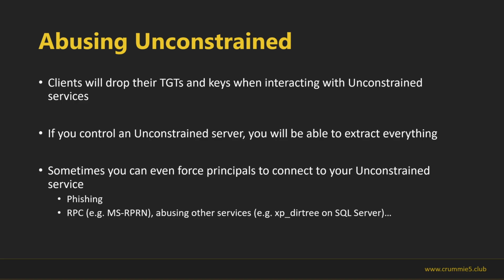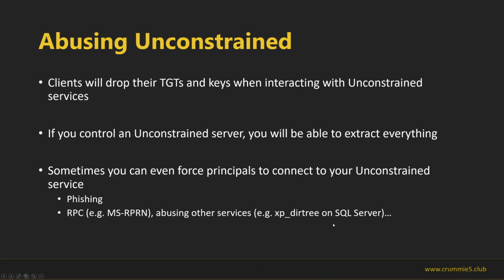The server, the computer where this spooler service is running, will authenticate into your unconstrained service and will drop his TGT, and you will be able to use it to impersonate that computer or that service account.